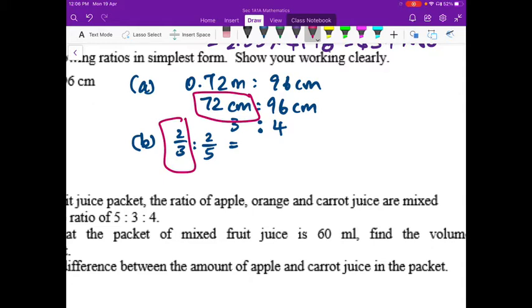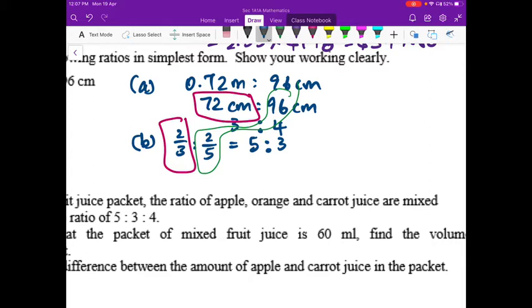Then we have 2 over 3. Now you go to the denominator. Earlier on the denominator was 96, and now it is 2 over 5. You press equal, and you have 5 over 3. So the answer is 5 to 3.